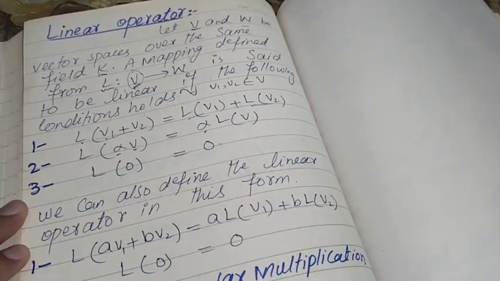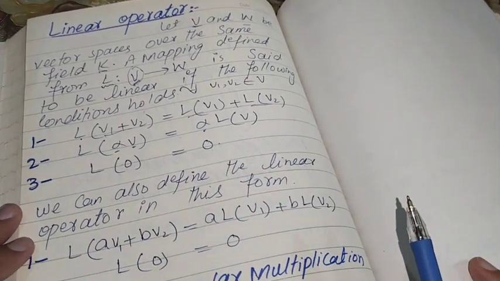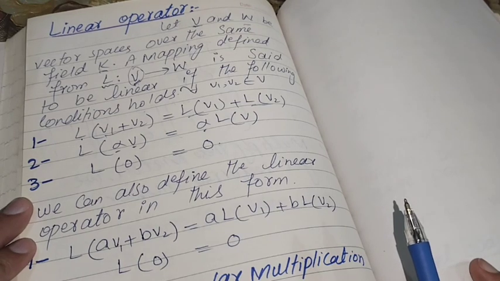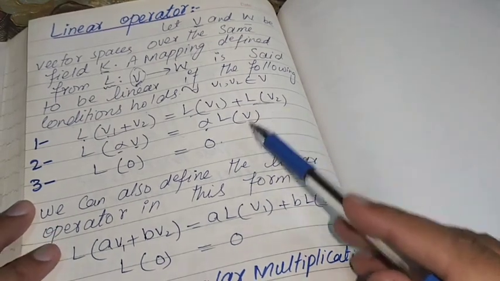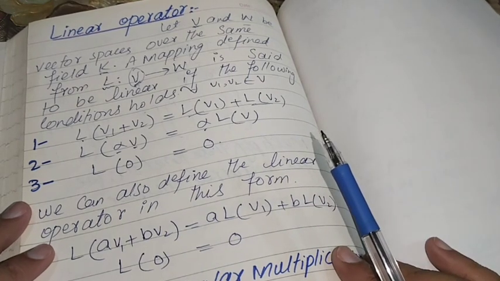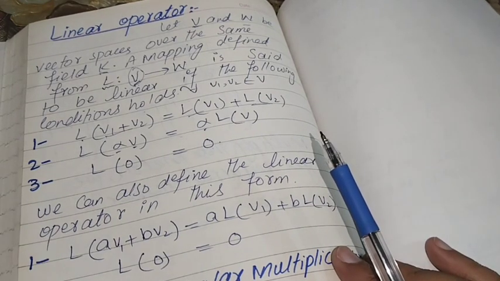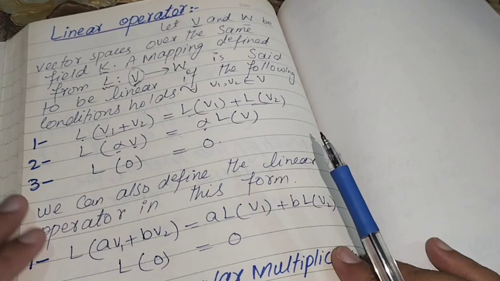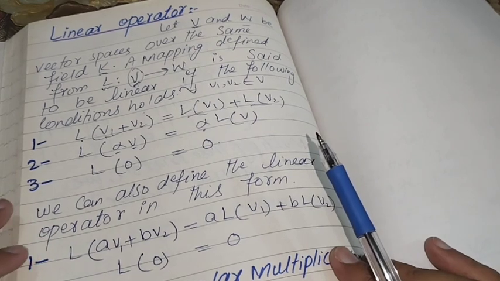These are the three conditions. If we have any mapping or function in which these three conditions hold, then we say that our given mapping is a linear mapping.